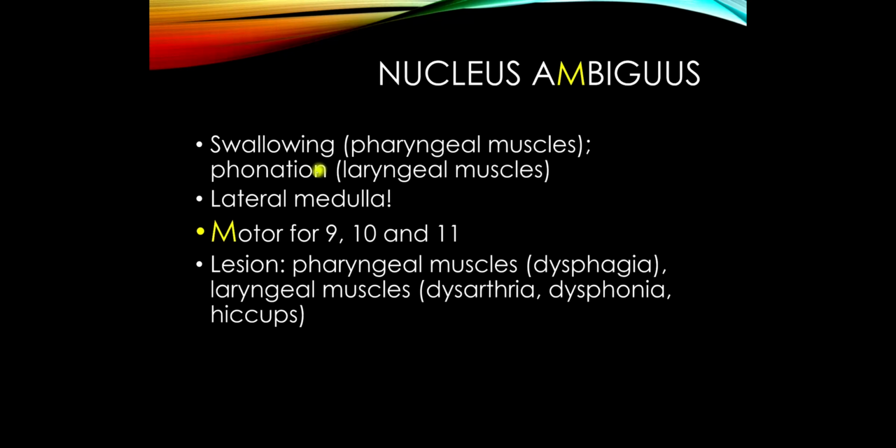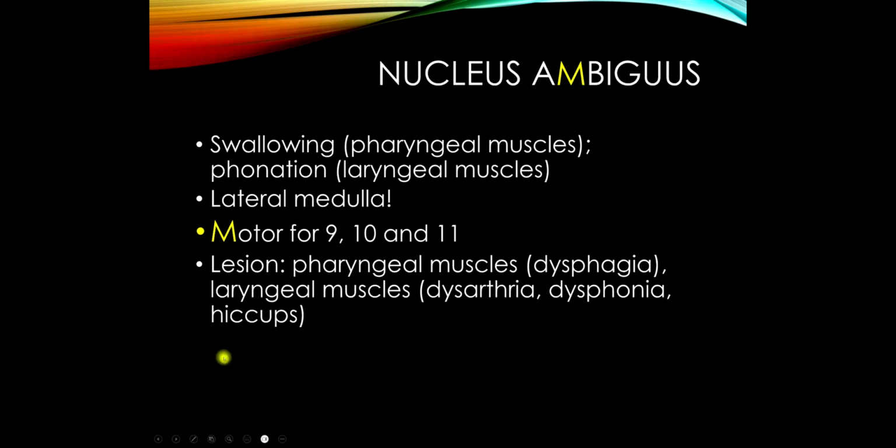So again, really important, the nucleus ambiguus is in the lateral medulla. A lesion here will cause dysphagia, difficulty swallowing, and dysarthria, which is slurred speech. Dysphonia is a soft, hoarse voice. And hiccups are a classic feature of a lesion of the nucleus ambiguus.